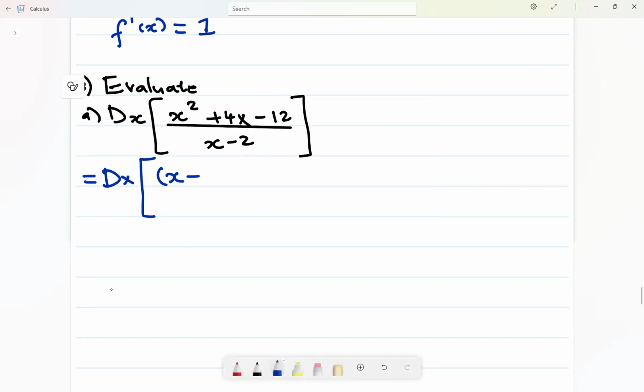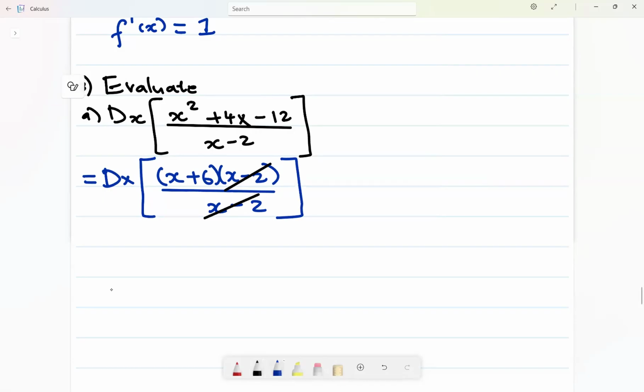So I can say x plus 6, x minus 2 divided by x minus 2. Therefore, this cancels off with that one.